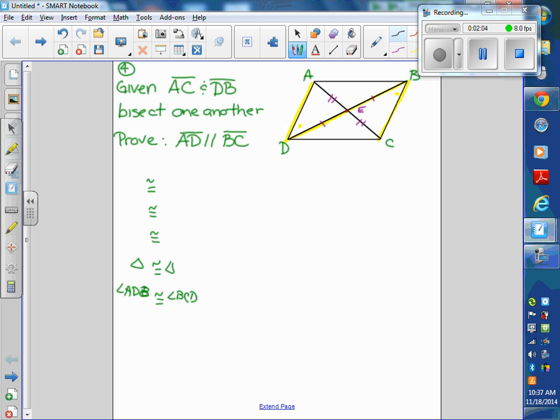And if that's true, then I can say that AD is parallel to BC. Okay, that's the way I'm going to go through this.